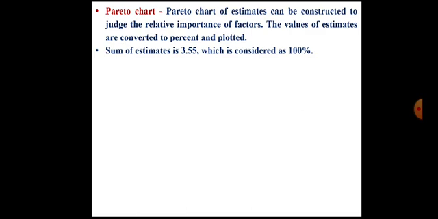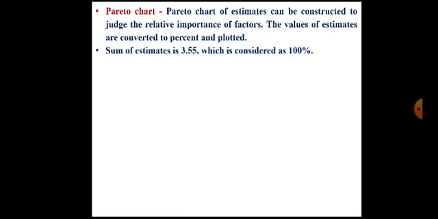So whatever the parameter estimate values are given in the previous table, add all those. Don't consider the negative sign, so add all the values and you will get a sum of 3.55. So 3.55 will be considered as 100%, and then for each factor the percent value is calculated.